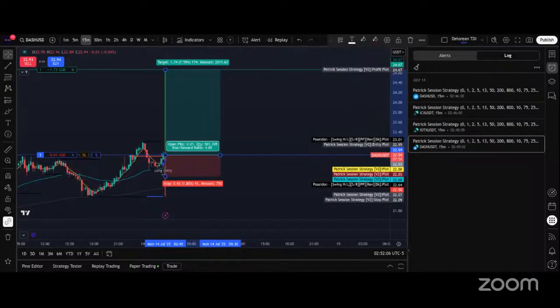That's going to be for 174 pips. Stop loss is going to be $22.50. That's going to be for 43 pips. And entry price is going to be $22.93.